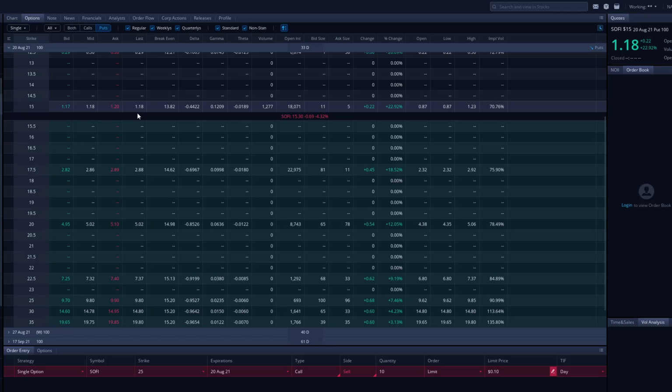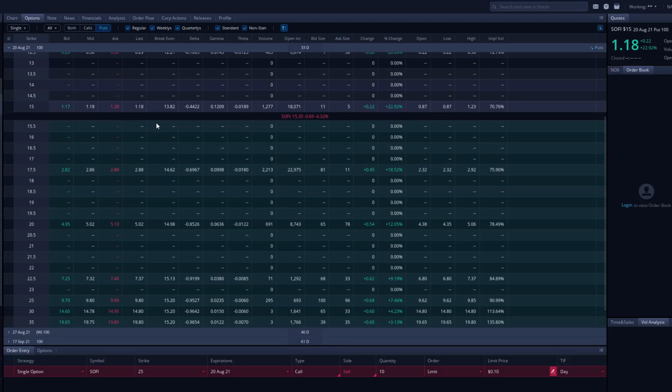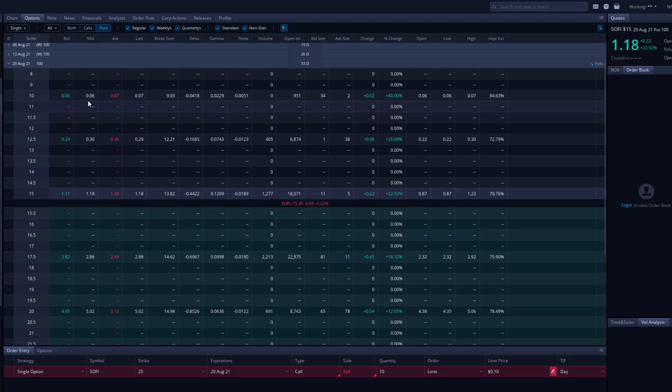So you'll be making a little bit over $300 profit off of shares where, again, you were down $900. So this does require you to have a little bit of money to be able to cover in case the put were to be in the money.